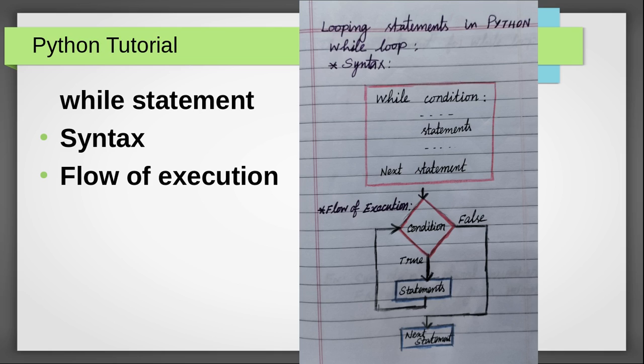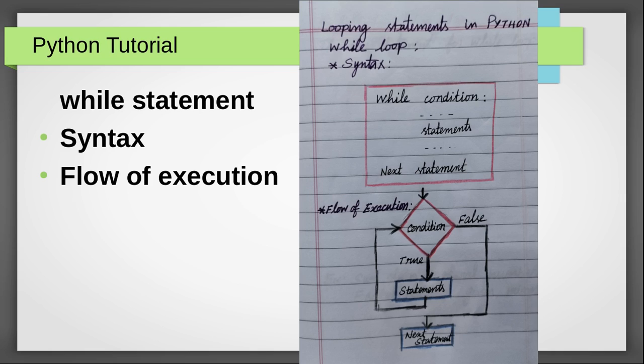So this is the process of the while statement. Look at the flow of execution. If the condition is satisfied, the statements are executed and then control goes to check the condition again. So the body of the while looping statement is repeated until the condition becomes false.